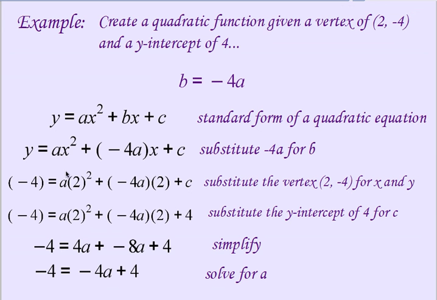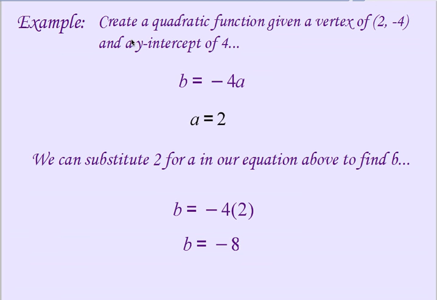Now we're going to solve for a. So I need to subtract this 4 from both sides. And then I'm going to divide by -4 to get a by itself. And that's going to give me a equals a positive 2. So now this value for a is going to help me again.